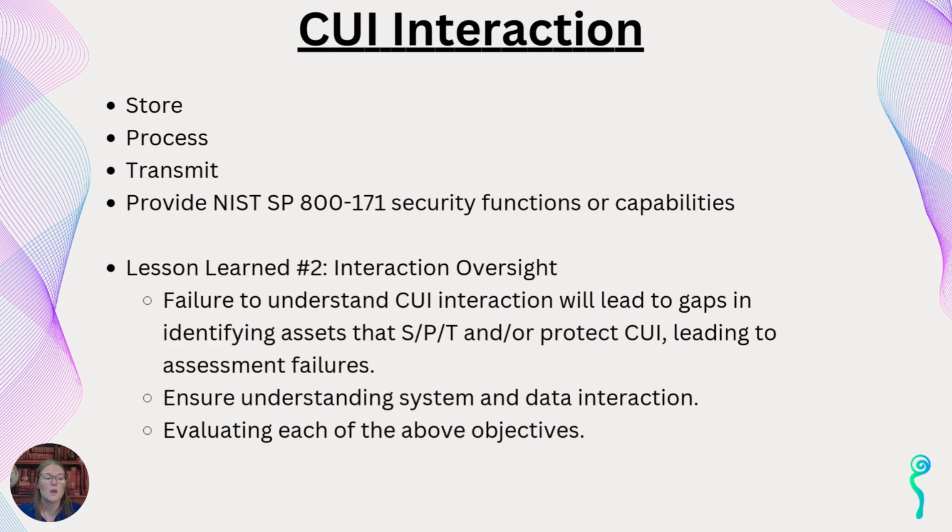It's a great, helpful tool. But then, during the scoping process, the organization identifies that software as a service as the CUI asset and then fails to identify the user endpoint that is interacting with that software as a CUI asset.